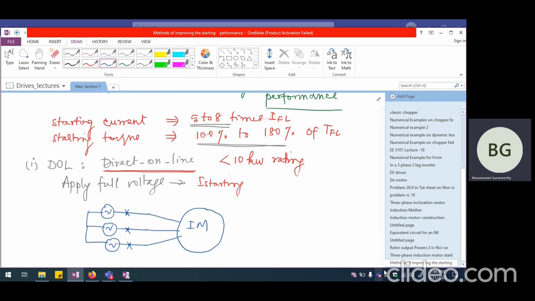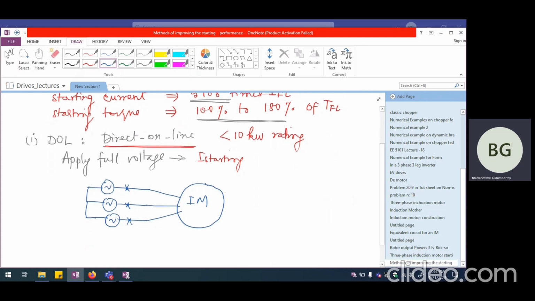I may have multiple induction motors and many other equipment connected to the same point. So if I start an induction motor of very high rating, it will draw a huge amount of current from here.